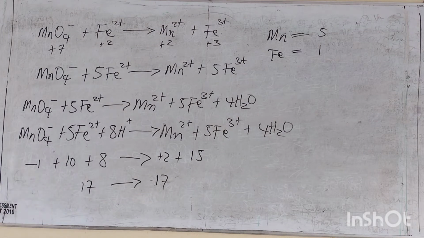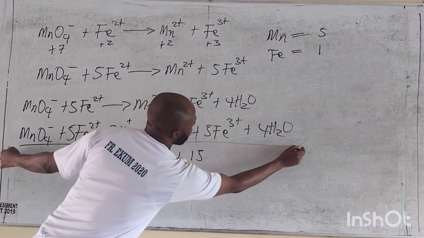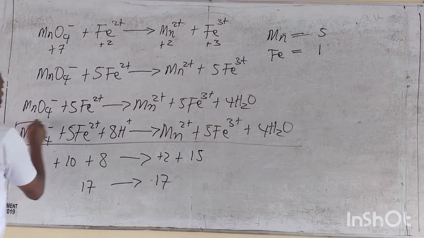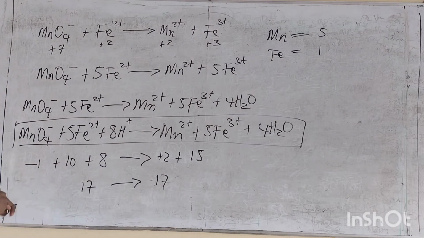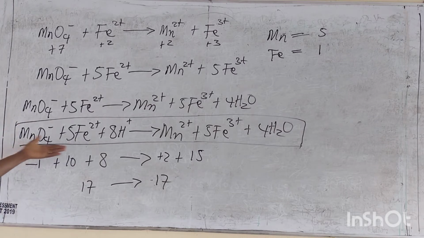So this becomes our equation, which we can use in the redox reaction. In case we are dealing with titration, we have to know the number of moles of manganese and that of the oxidizing agent and the reducing agent.